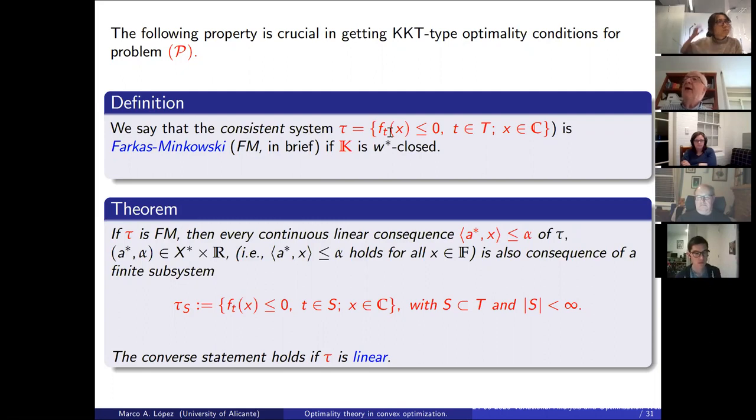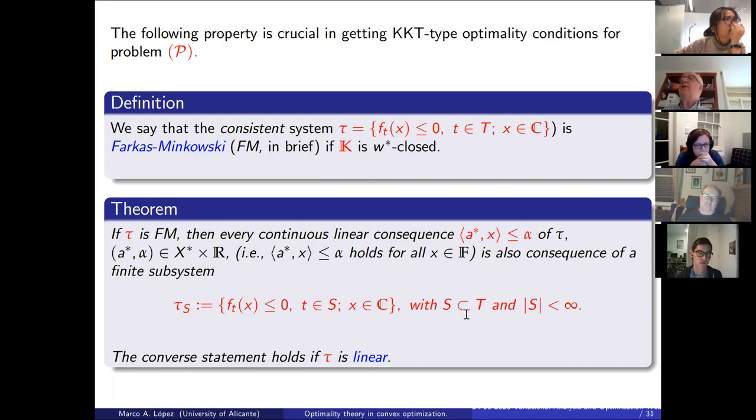That means that I can find a finite number of constraints such that the associated polyhedral feasible set is included in the same half space. So any continuous linear consequence of the whole system is a consequence of a finite subsystem, which is denoted, for instance, in this way. But what's even more interesting is that in the linear case, the opposite also holds.